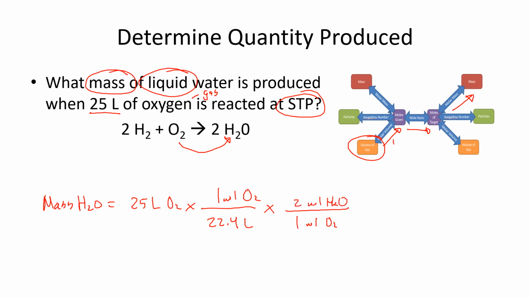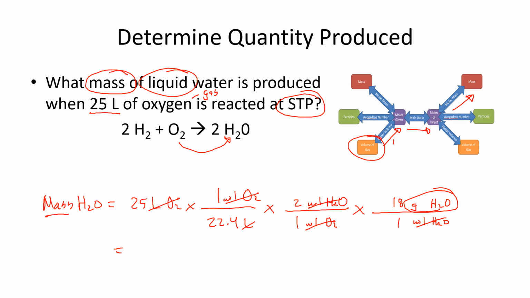So that's your mole ratio. That's step 2. Step 3, since we're going to a mass, we're going to need the molar mass. For every 1 mole of water, there are 18 grams, because that's the molar mass of water. And you see, just as a double check, liters cancels out, moles of oxygen cancels out, moles of water cancels out, and you end up with grams, which is the unit of mass, which is what we're looking for.